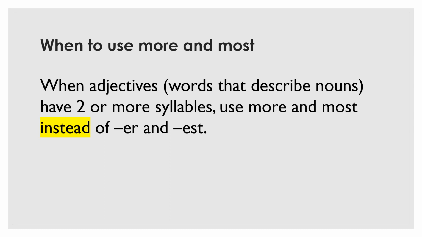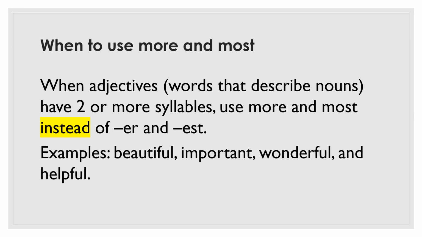That's what we were using before. We had bigger, wider, prettier, smallest, biggest, prettiest. Those are all one-syllable words. So when you have adjectives that are more than one syllable, you don't use ER and EST. Instead, you use more and most.